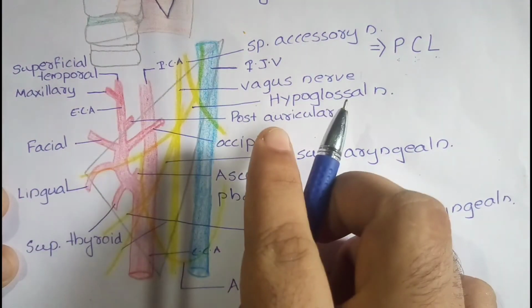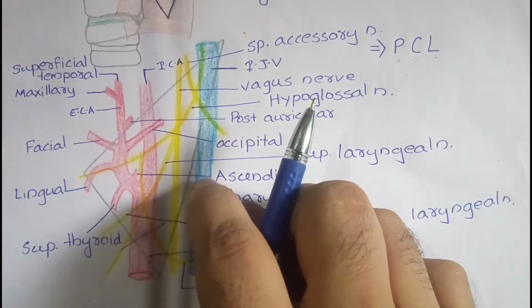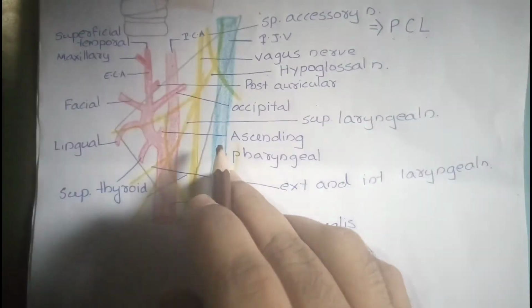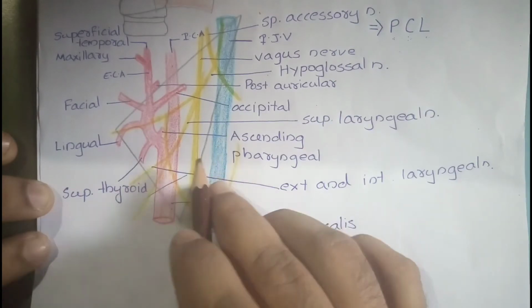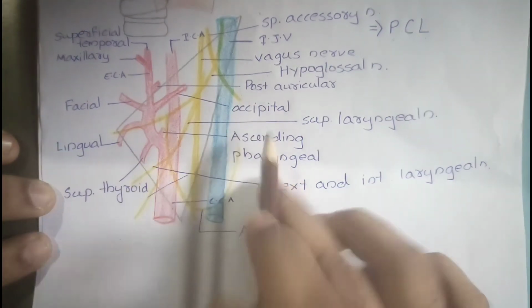Now let's know about the lymph nodes present in the carotid triangle. The lymph nodes present in the carotid triangle include the deep cervical lymph nodes situated along the internal jugular vein, and include the jugulodigastric node.